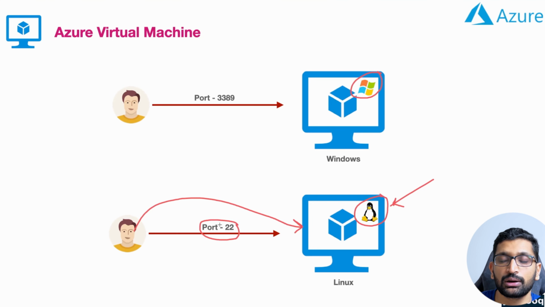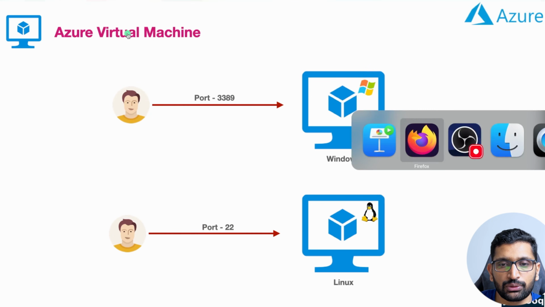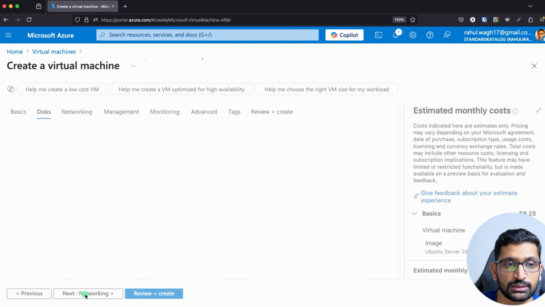The public IP part we are going to see later. The same goes for Windows machines as well. For accessing a Windows virtual machine, you need to enable port 3389. If you don't have that port enabled, then you will not be able to access that virtual machine. Okay, so if you go back now, you can see the inbound port, which is 22, we need to enable. Then click on Next: Disks.